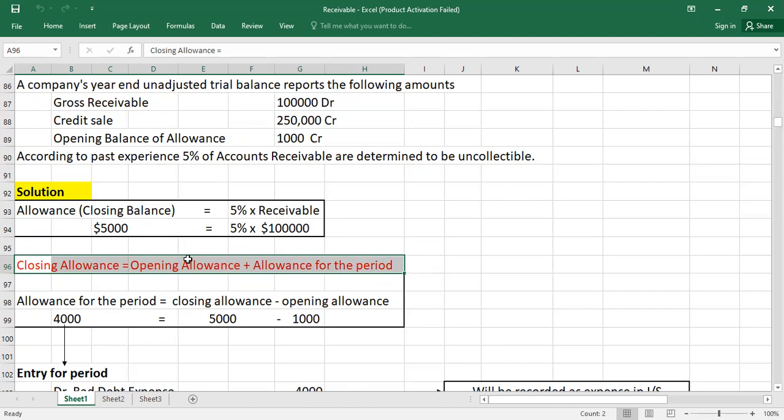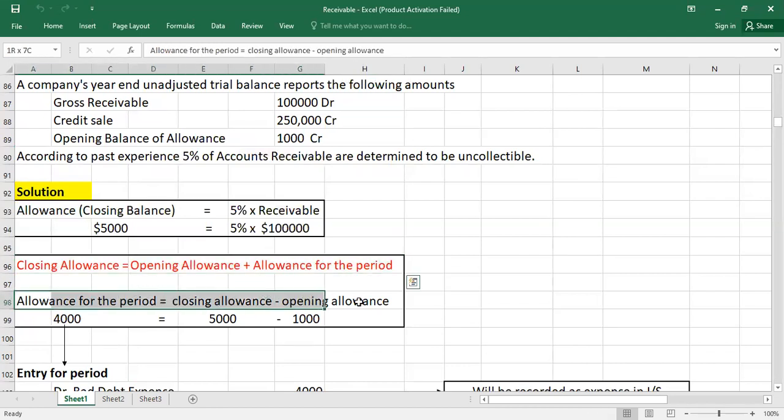But here I want the allowance for the period, because the closing I already have, which will be subtracted in the balance sheet. To pass the entry I need the allowance for the period, so I need to reverse this equation. Allowance for the period will be equal to closing allowance minus opening allowance.